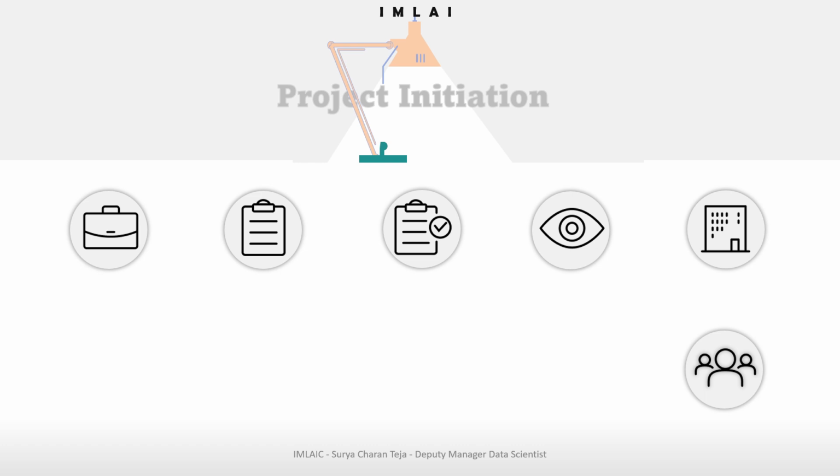There are some development life cycle stages that dictate the entire process. They are as follows. Let's understand the main stages one by one in detail. The first one you can clearly see on the screen, that is our project initiation. So what happens in project initiation?